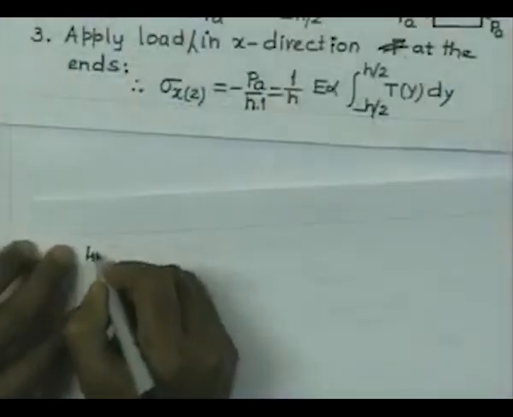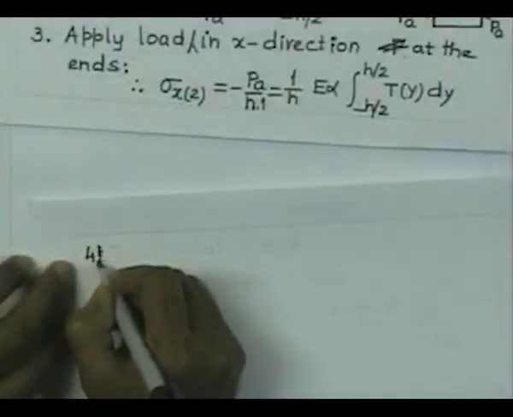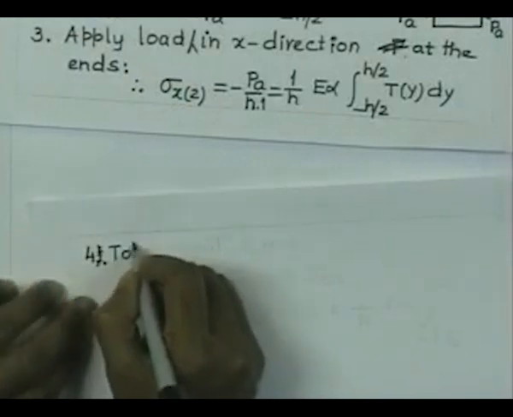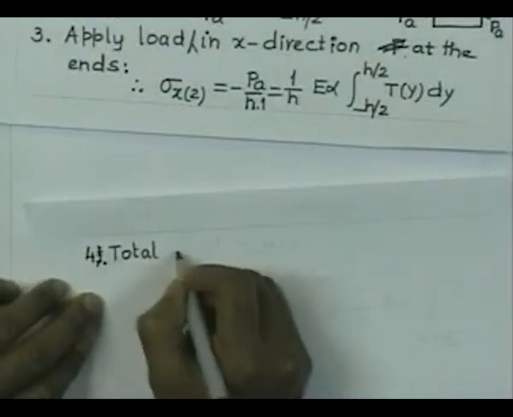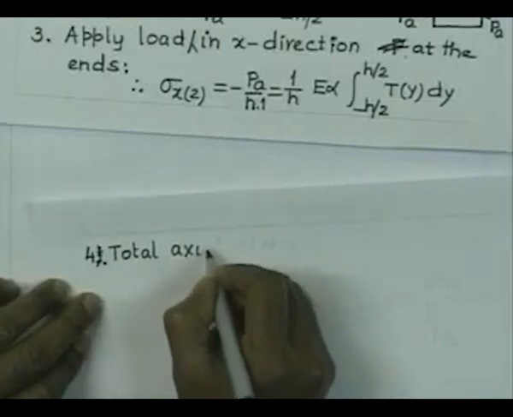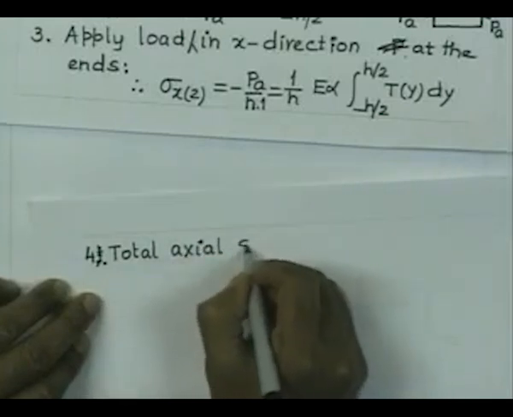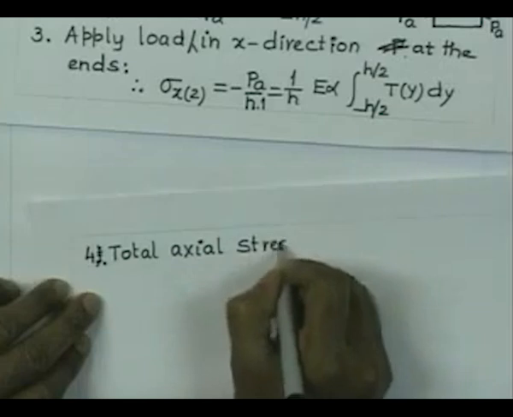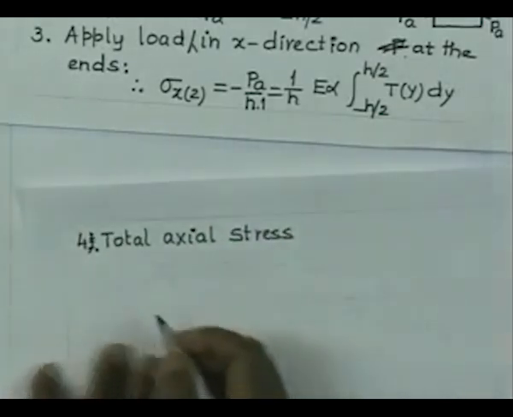So, we have now got a case that my component is having no load at the ends, but it is having a temperature variation Ty in the y direction, and therefore, the total stresses will be obtained by adding the two components.